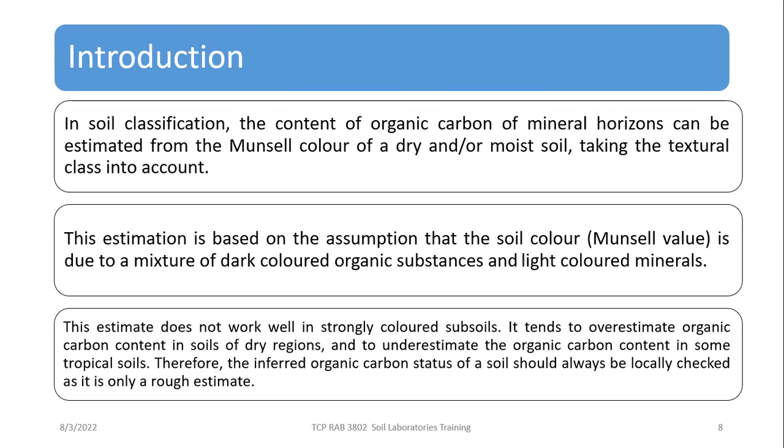So in general, in the process of soil classification, the content of organic carbon is very important to identify the soils, and normally soils are classified into two broad groups: organic soils and mineral soils.